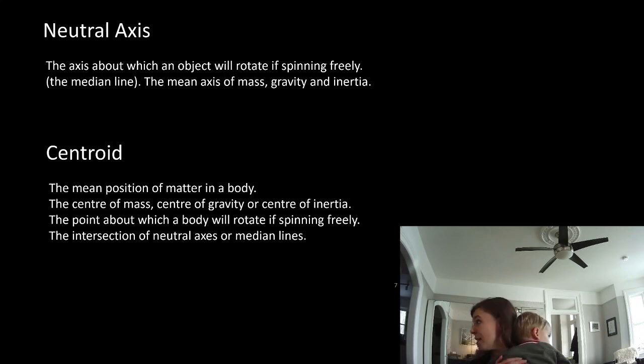It might not necessarily even be within the body. It can be outside of the body, depending on the shape and where the mass is. But it's the mean position of matter in a body. The center of mass, center of gravity, or center of inertia. The point at which a body will rotate if spinning freely. Or, if you want to say, it's the intersection of all the neutral axes or median lines.